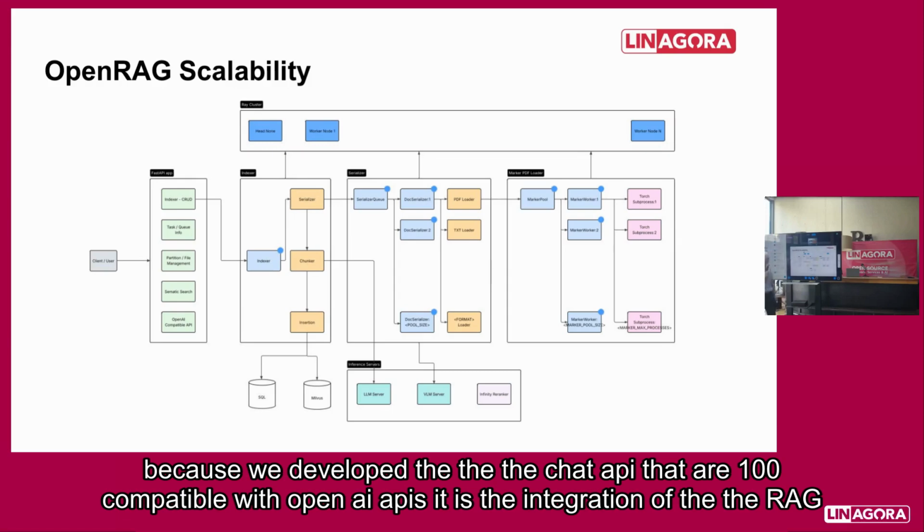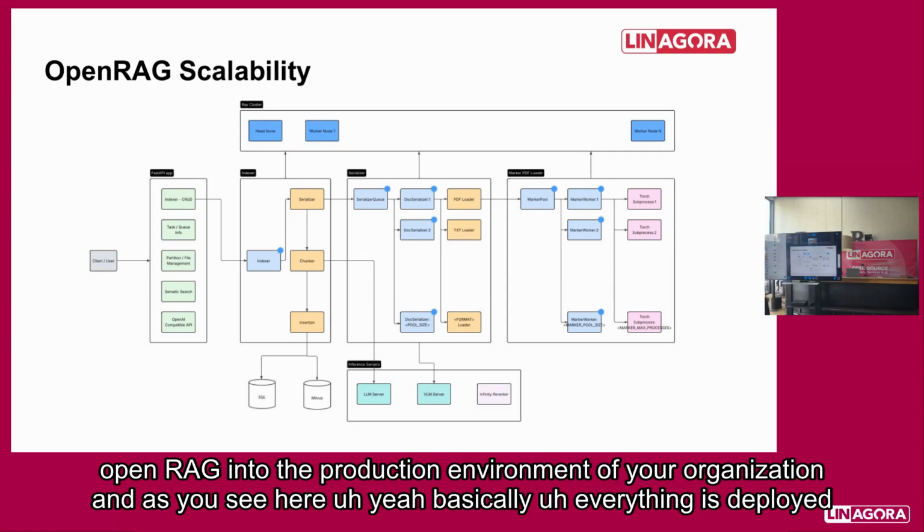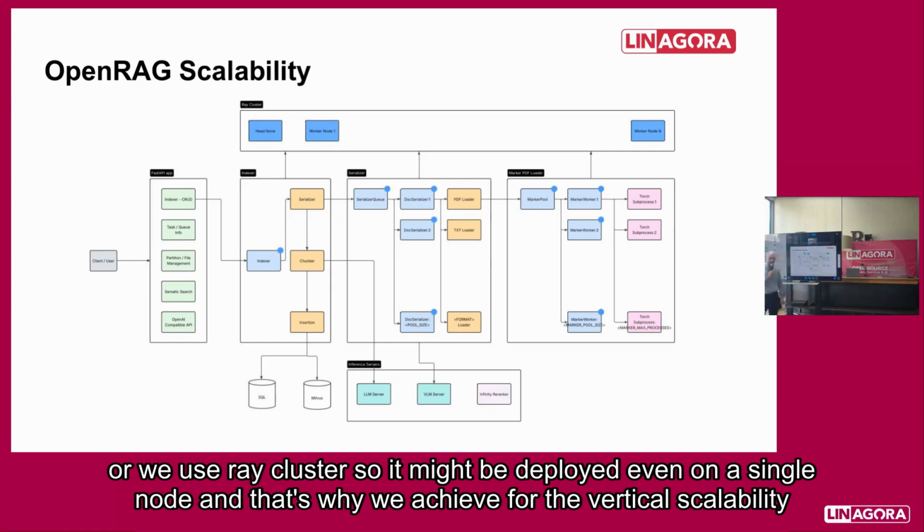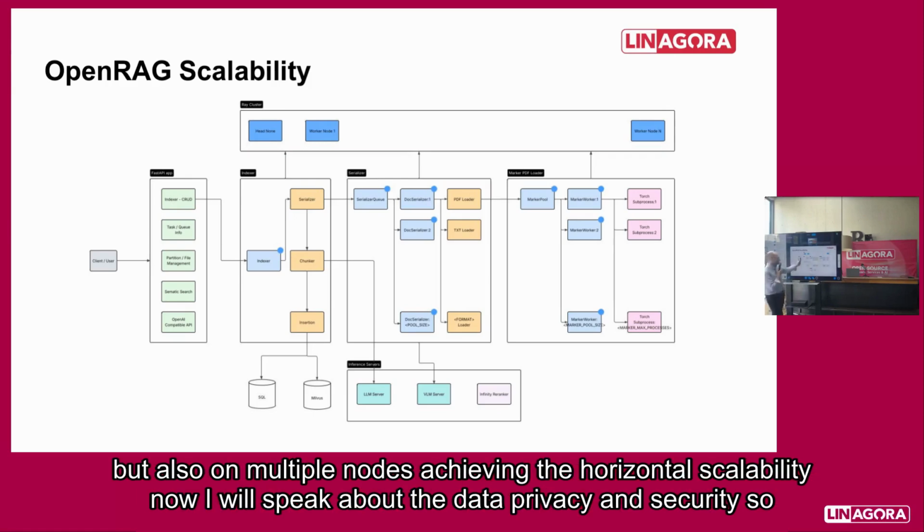This is the integration of OpenRAG into the production environment of your organization. And as you see here, everything is deployed on a Ray cluster, so it might be deployed even on a single node, and that's how we achieve vertical scalability, but also on multiple nodes, achieving horizontal scalability.